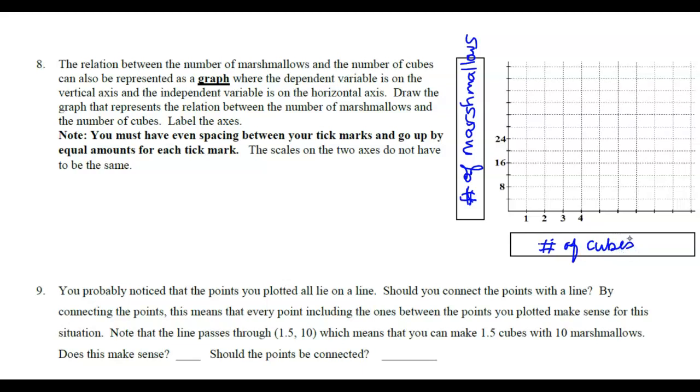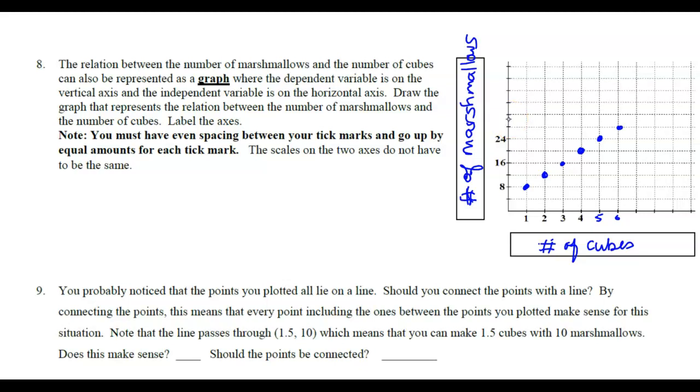Okay, so for 1 cube, remember it was 8. 2 cubes had 12, 3 cubes had 16, 4 of them had 20, 5 of them had 24, 6 of them had 28, and so the pattern would continue.